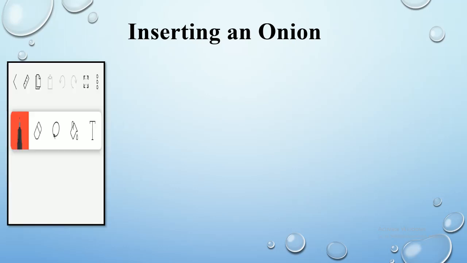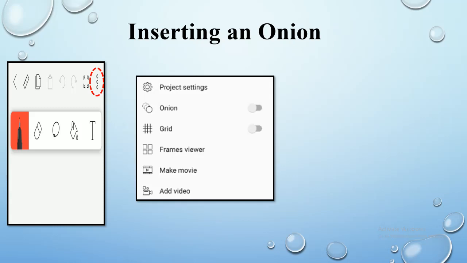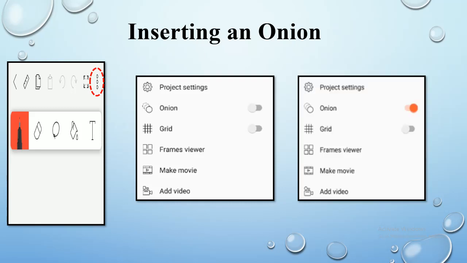You just touch the three dot button. Then the options are enabled here. Here the second option is onion. If you touch this, you just tap and enable it. Then a red color button will appear, which shows that the onion option is enabled.